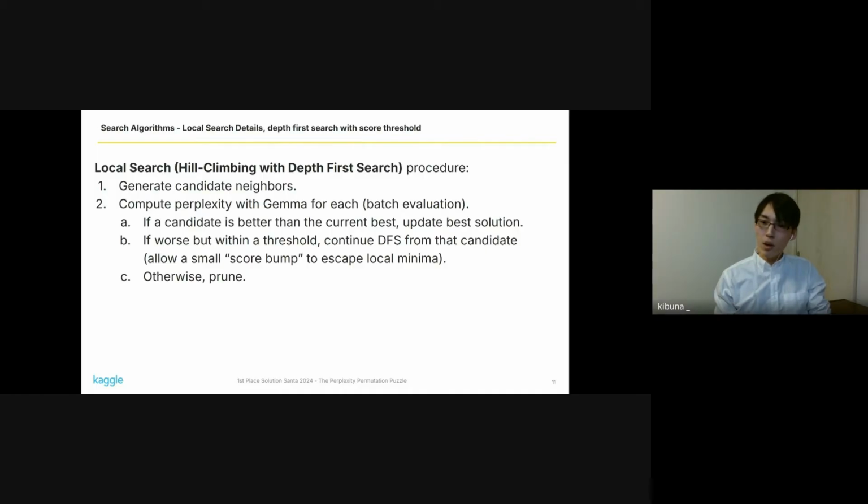We also introduced a threshold-based DFS strategy allowing us to accept non-improving solutions up to a certain limit to escape shallow local optima. This DFS enables deeper and more effective local searches. Although the operations themselves are not too complex, it is effectively extensible to include many other kinds of neighborhood operations.